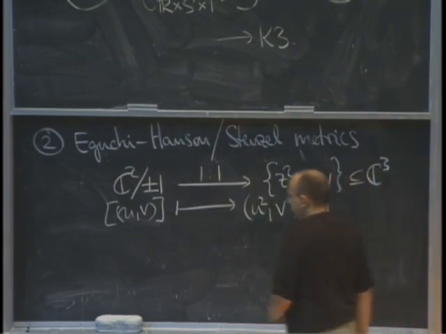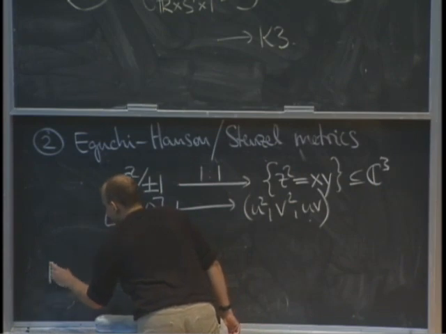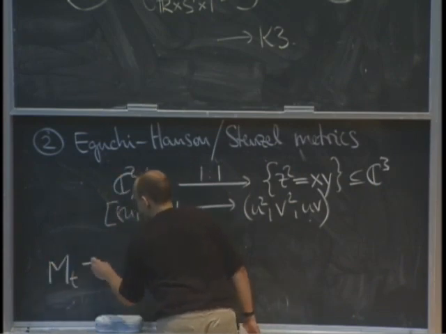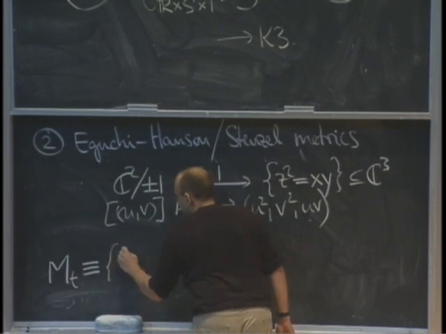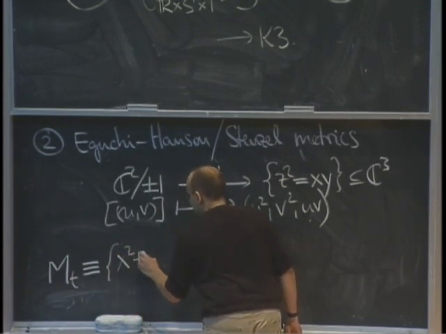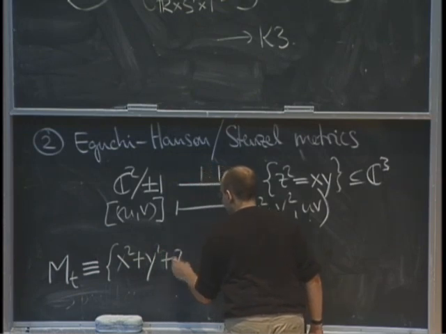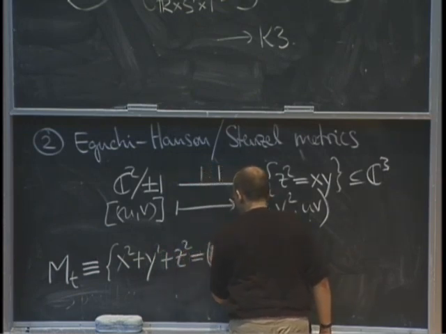Okay, so now I'm going to introduce a family of surfaces in C3. So M sub t, and t is a family parameter, and that's going to be x squared plus y squared plus z squared equals t.